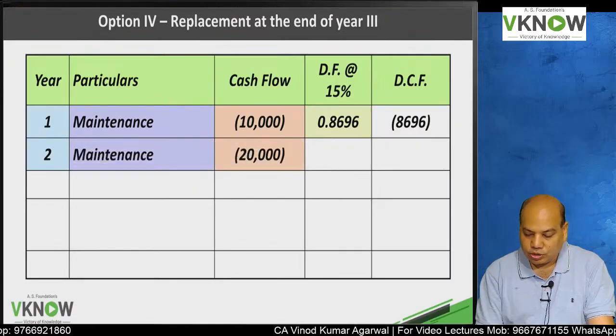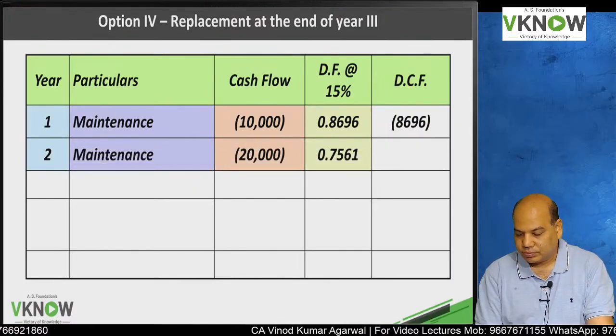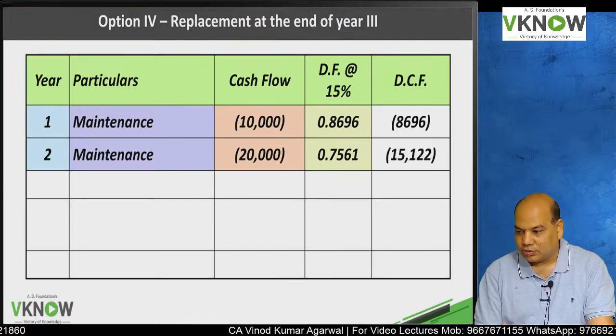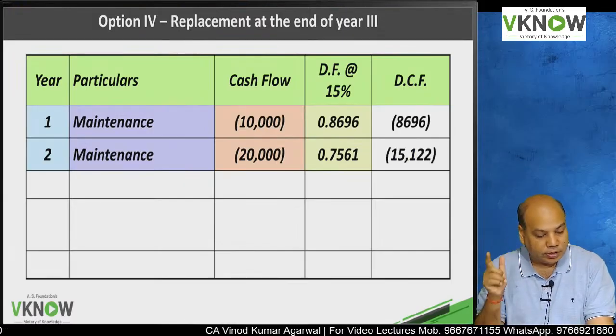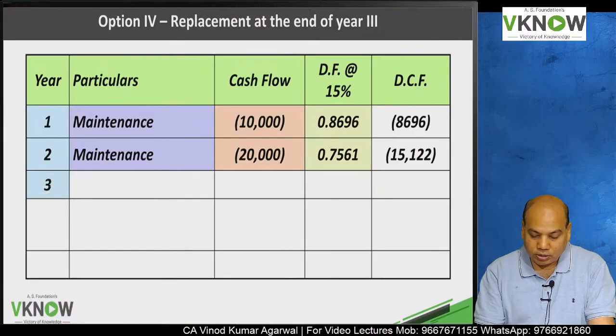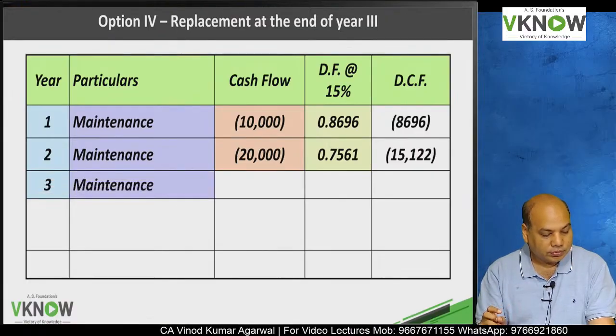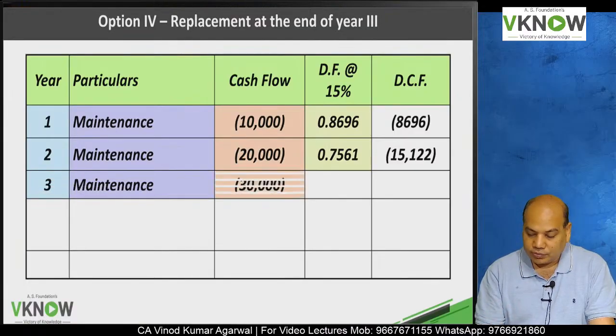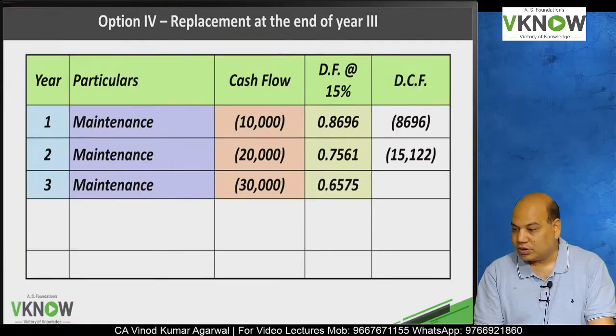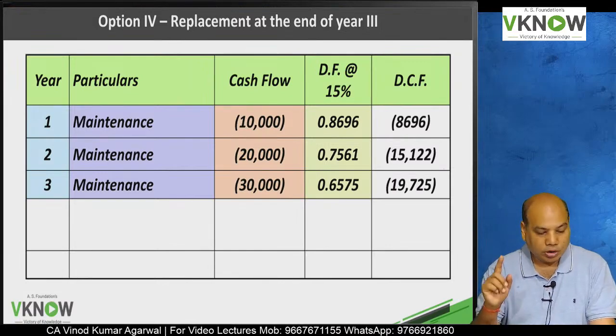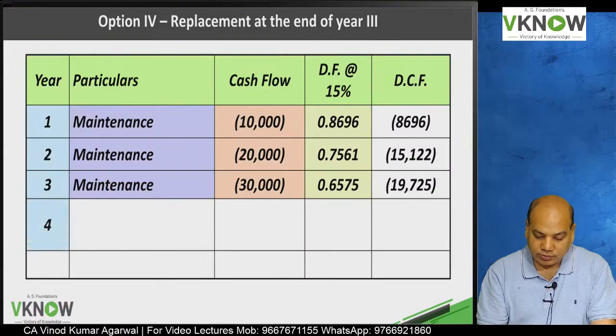Second year you are going to incur maintenance cost 20,000, already calculated, PV 15122. Third year again maintenance cost. Factor of third year 0.6575, present value 19725. Now you are going to sell the old machine.